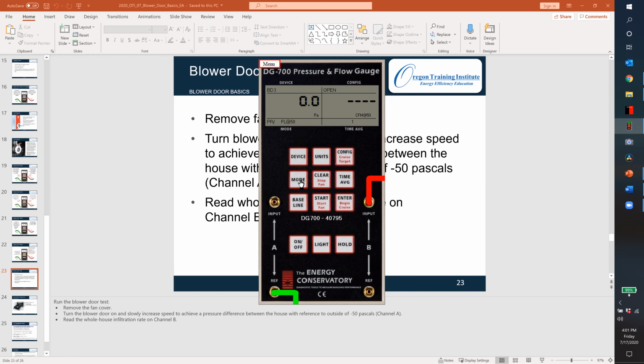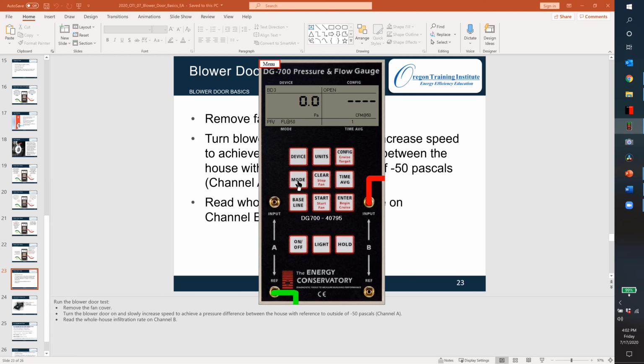If we press it again, we get pressure flow at 25. This is for the duct blaster only, as most of the country, including BPI, tests the ducts at 25. We'll get to ducts, I think, on Tuesday. So for the blower door test, we want either pressure flow or pressure flow at 50 is also perfectly fine.